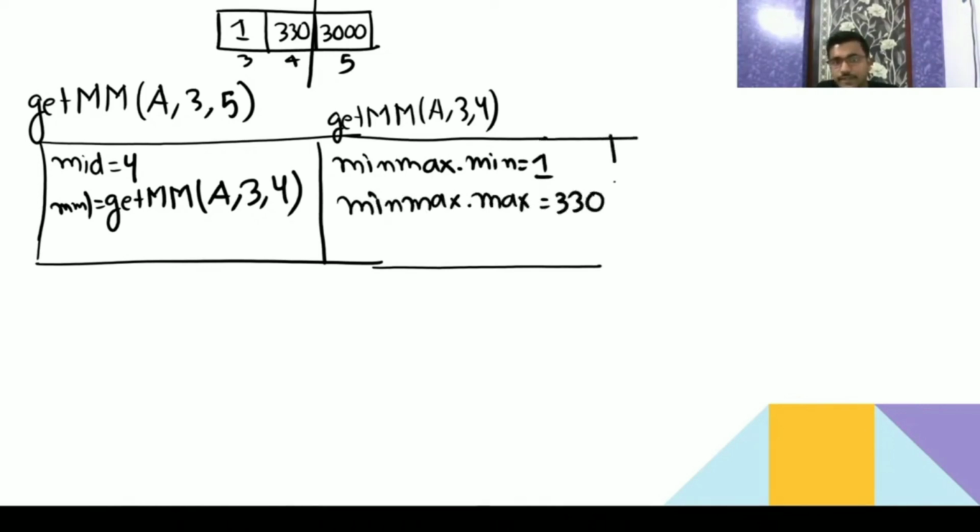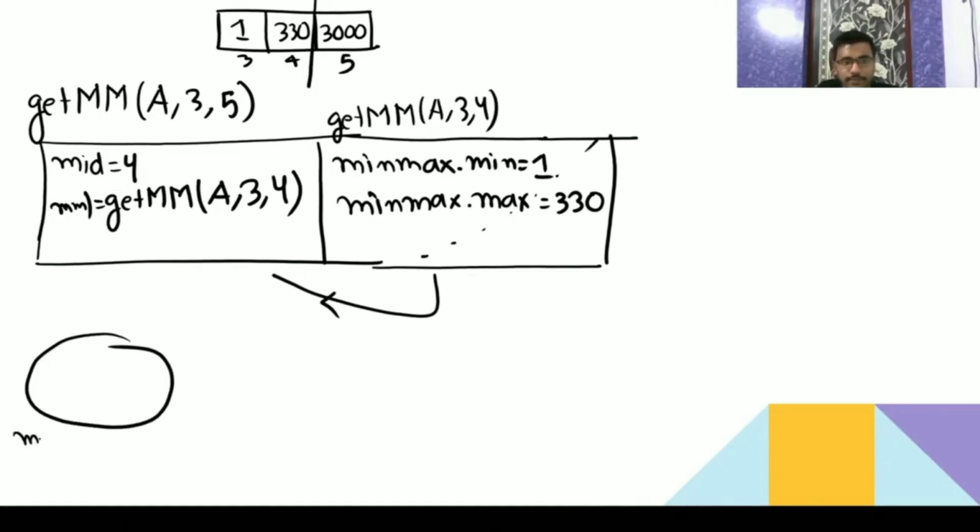After this it will return here. This mml is having min as 1, because it is going to return min max. Min max is stored in mml, where min is 1 and max is going to your 330.